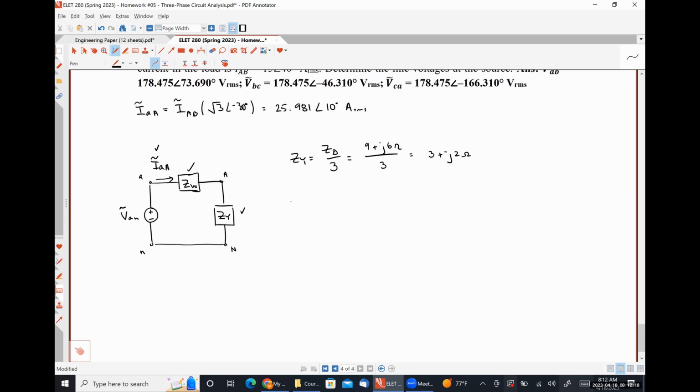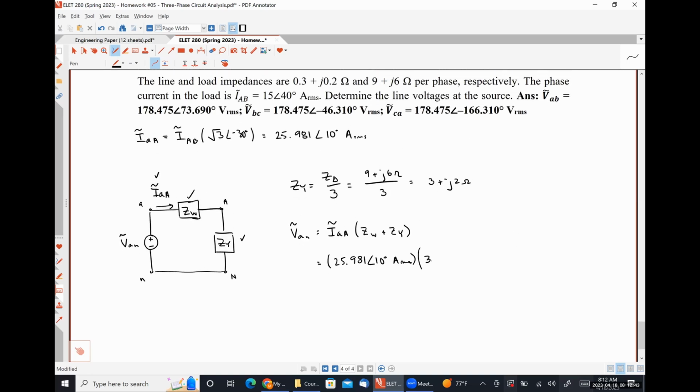It was correctly suggested that VAN is simply going to be our line current IAA times ZW plus ZY. So that would be 25.981 angle 10 degrees amps RMS times 3 plus 0.3, which looks like 3.3, plus J 2 plus 0.2, which looks like J 2.2 ohms.